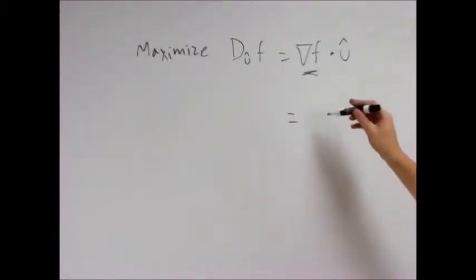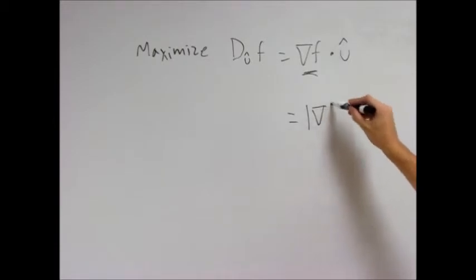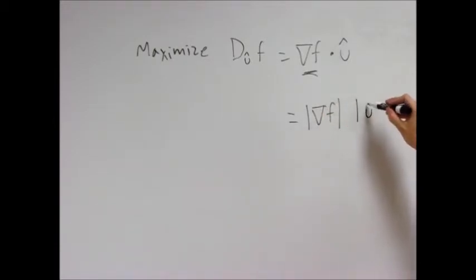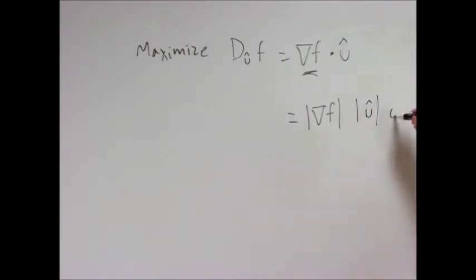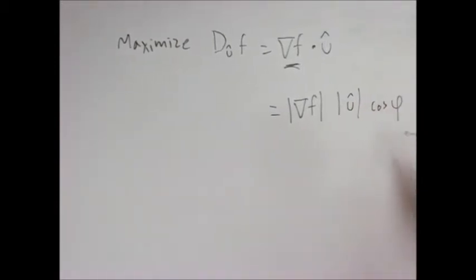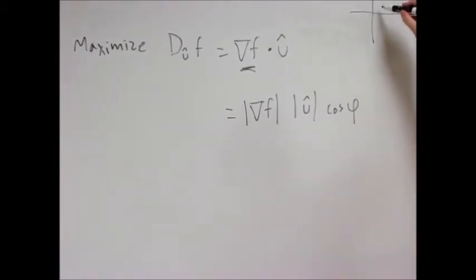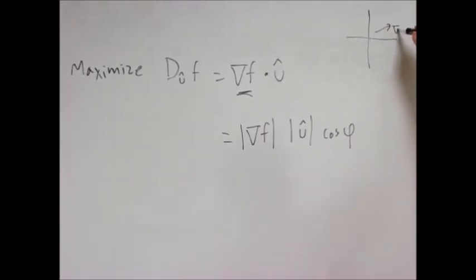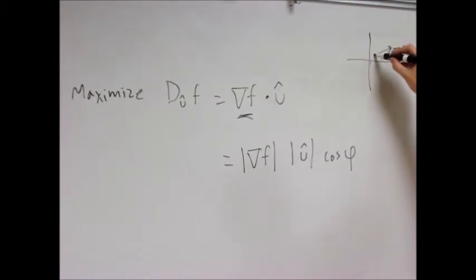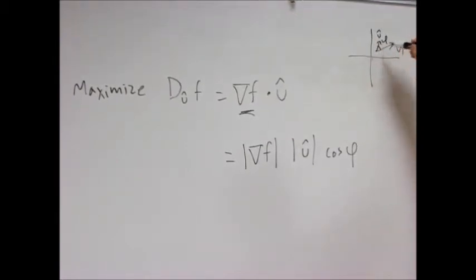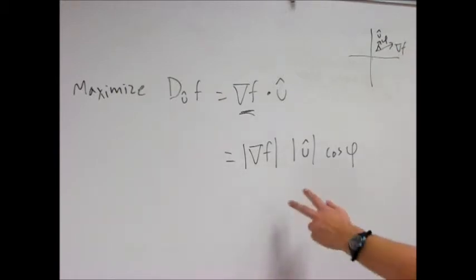Well, we know the dot product by the alternate definition is really the magnitude of the two vectors multiplied times the cosine of the angle between them. And so, just for the sake of example, say the gradient looks like this, and we pick our u to be like that, and this is the angle between the two. And so when is this going to be largest?